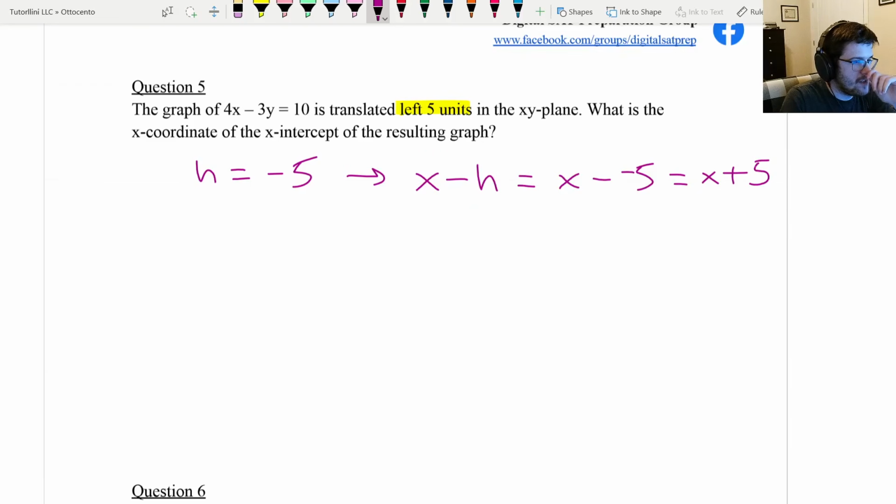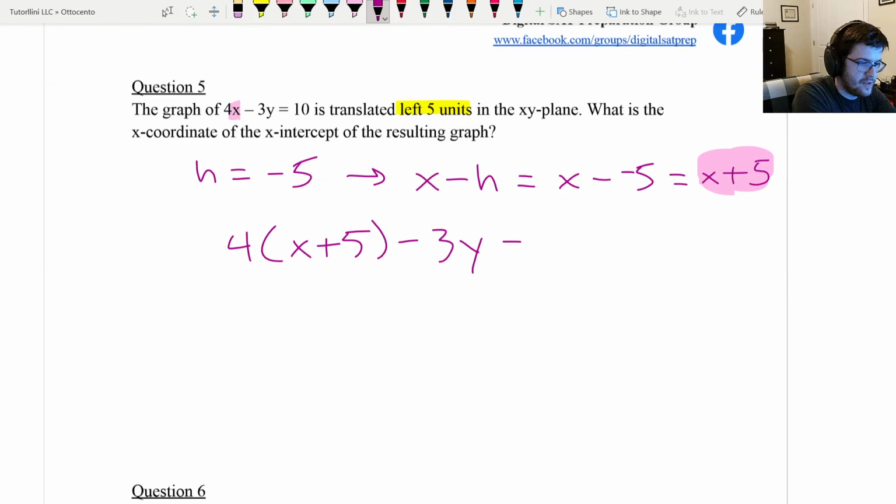Now we're going to replace every x that we see. We don't have to do vertical because they don't mention that. With x plus 5, so 4 times x plus 5 minus 3y equals 10.